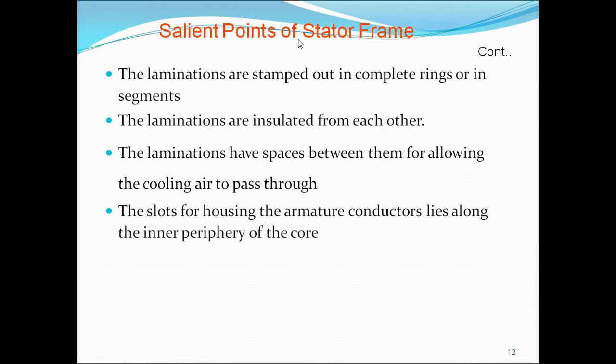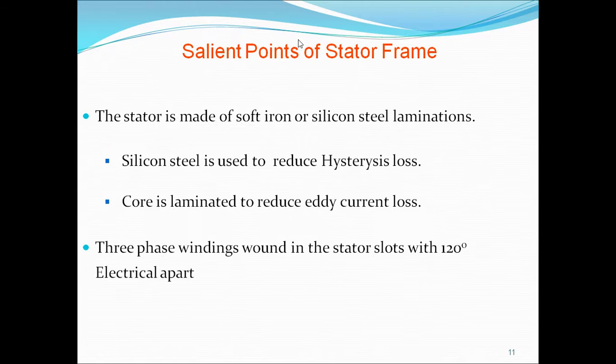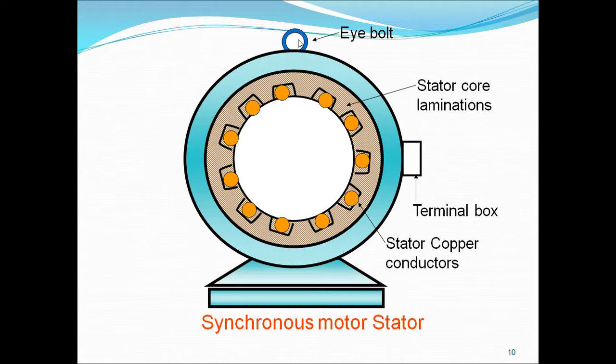The slots housing the armature conductors lie along the inner periphery of the core. That means where the slots are, we noticed just now; once again I will show. We will go back. See here, this is on the inner periphery of the slot. These are kept with the air gap, on the inner periphery of the stator. That means this is the stator, the inner periphery of the stator.